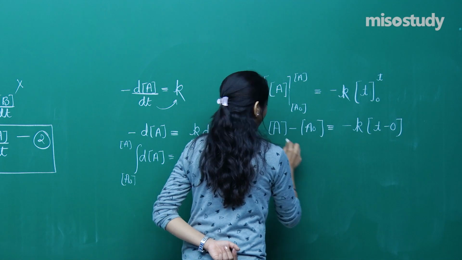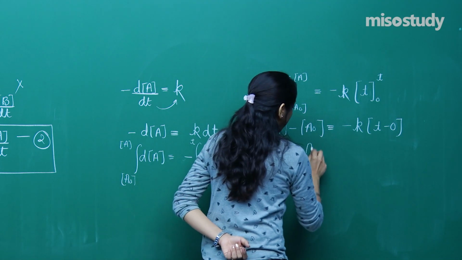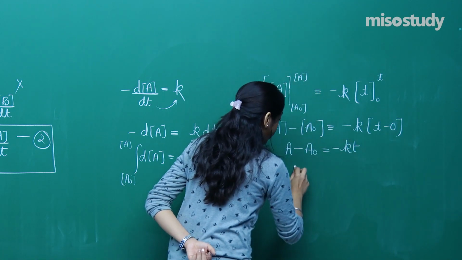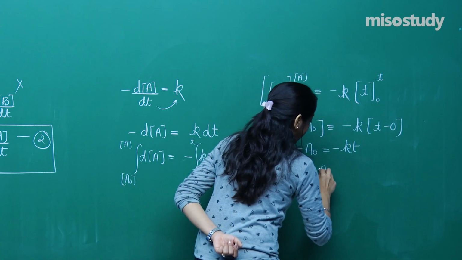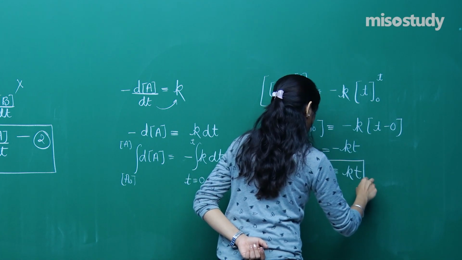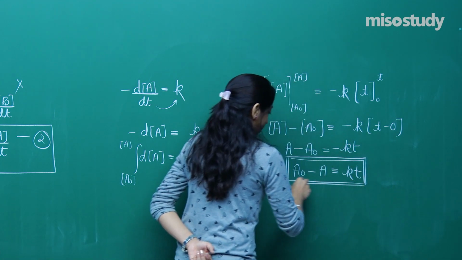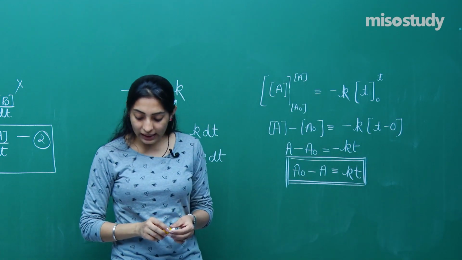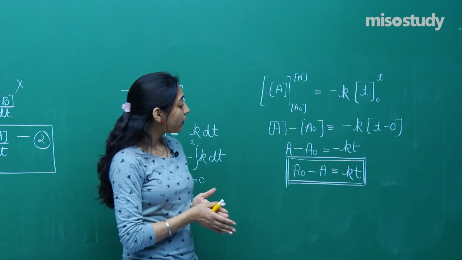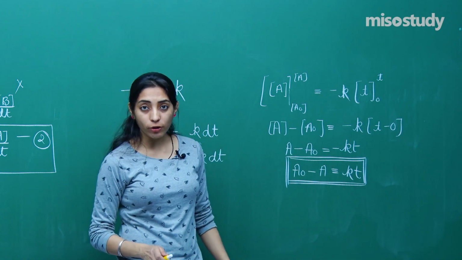Now if I do not want to write it in brackets, you can simply say A minus A naught is equal to minus Kt, or you can also say A naught minus A is equal to Kt. Finally, you can also say A is equal to A naught minus Kt.